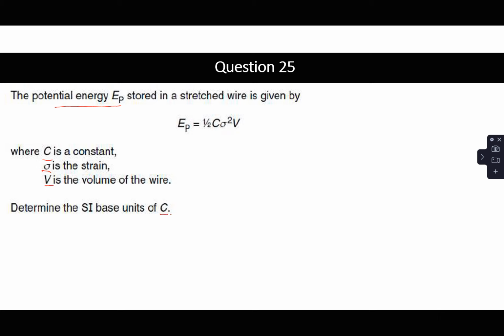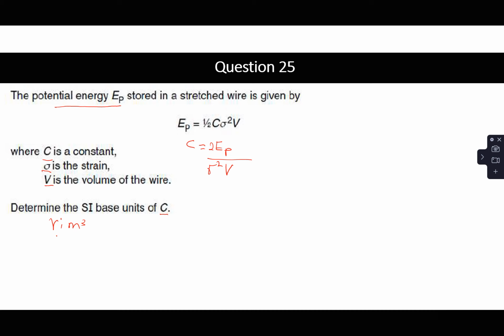What are the base units of C? We make C the subject straight away. So C is going to be equal to E potential times 2, divided by sigma squared times V. Remember, V is volume. The base units of V will be meters cubed.